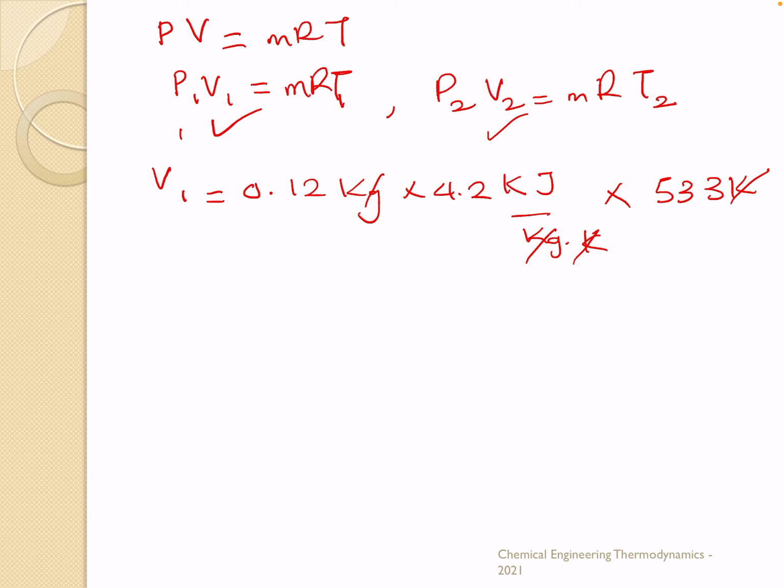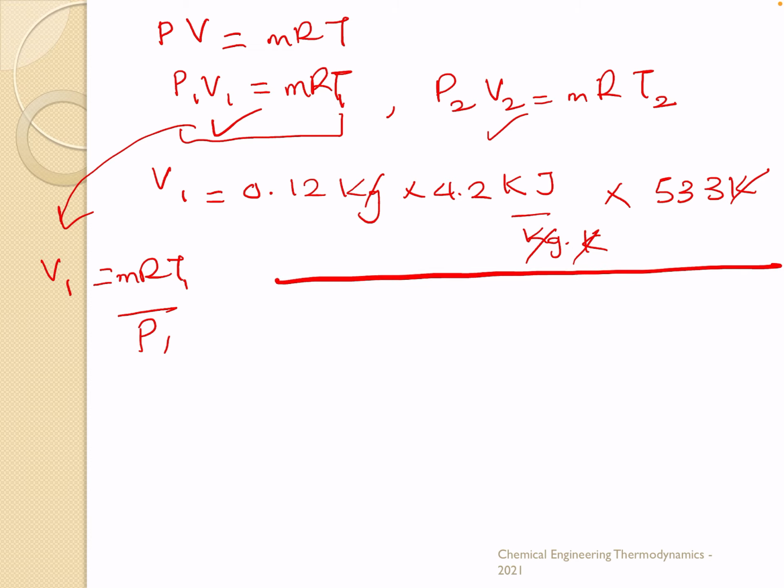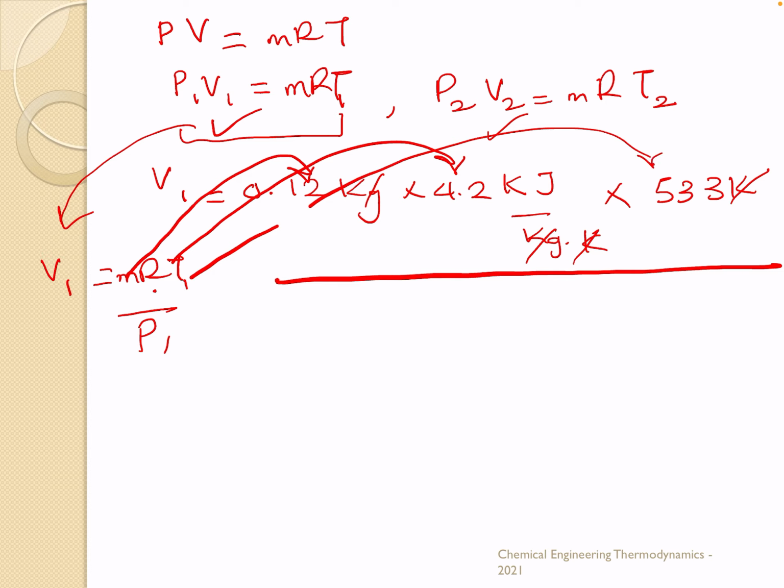If you were to take that here, remember V1 is mRT1 divided by P1. So that is what you're doing here. So all over, the top part, mRT1, divided by P1, which is 700 kilopascal. Another way to look at this is to ensure consistency.